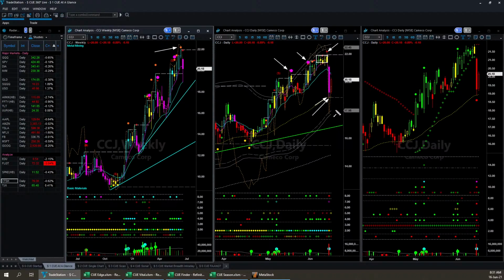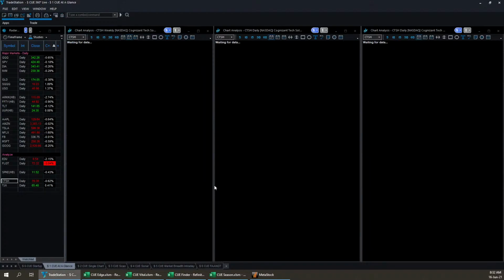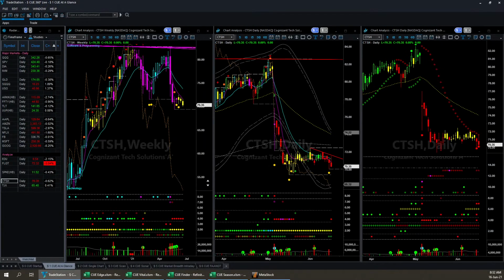This was a discretionary short trade I took in CCJ, and I explained in the last webinar that the industry was very weak, suddenly turned very weak from being very strong. That was a reason for me to take the short trade. And I took a discretionary long in an IT stock, CTSH.